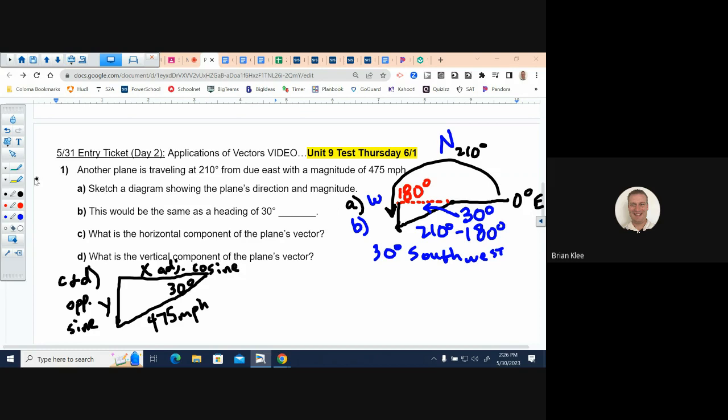So specifically for part C, we have cosine of 30 degrees equals, we don't know the adjacent distance, but we know the hypotenuse is 475. That way you cancel out division is multiplying.